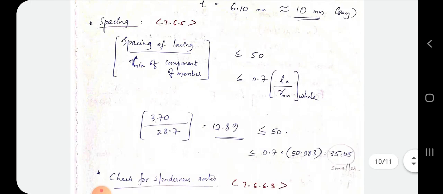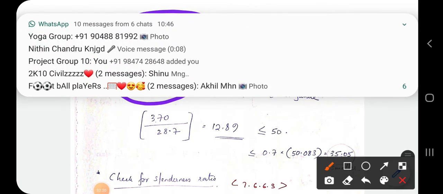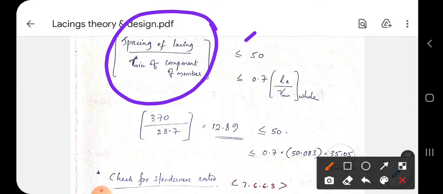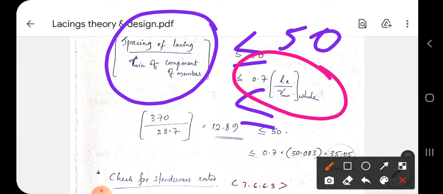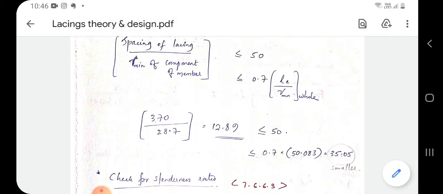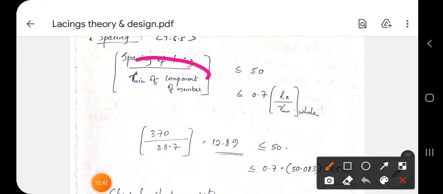Now the spacing of the lacing system. We know the condition: spacing of the lacing by r minimum of the component member should be less than or equal to 50, or less than or equal to 0.7 times lambda whole, or LE by r minimum of whole section. Here the difference is r minimum of component member.